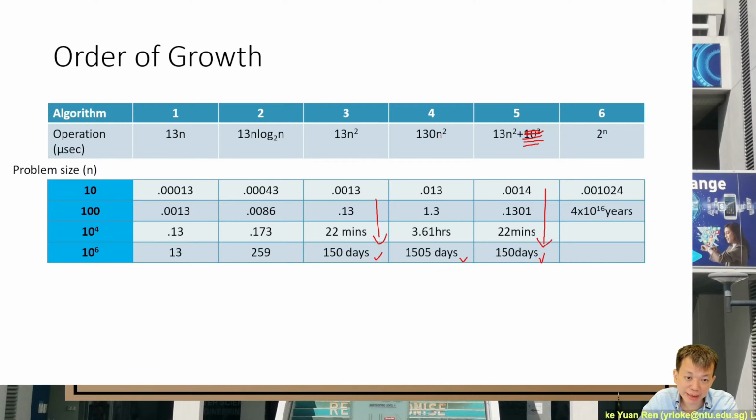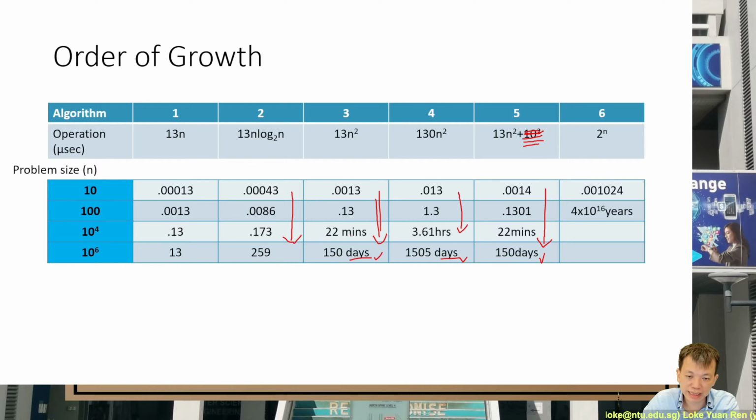Then 130n squared. Actually, if you notice these two, their growth is about the same rate. When you go to minutes, this one is in hours. When you are in days, of course this one is still 10 times lower than algorithm 3 and algorithm 5. But you will find that compared to 1 and 2, the growth rate between this one and this one, you can see that it's a bigger difference.